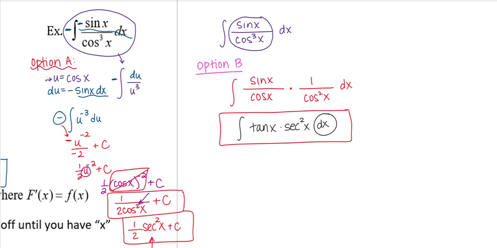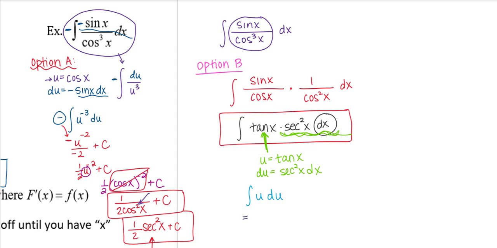So maybe you see this, maybe you don't, but if u is tangent x, du is secant squared x. So I'll let u be tangent x, and my du is the leftover piece of that integrand, secant squared x dx. So I literally am integrating u du in this case.